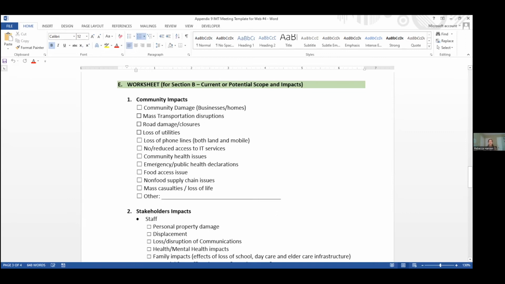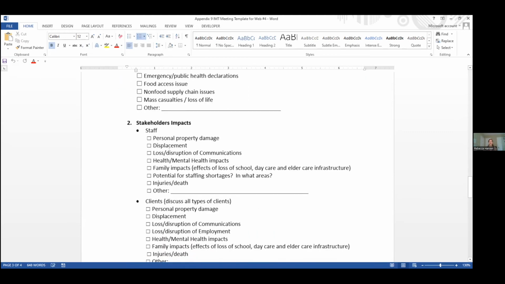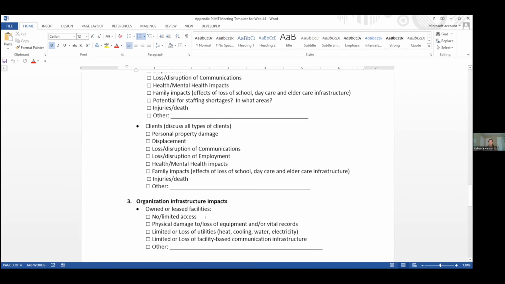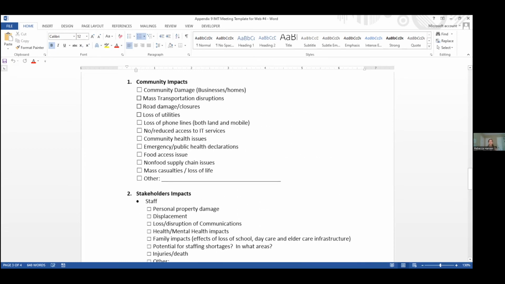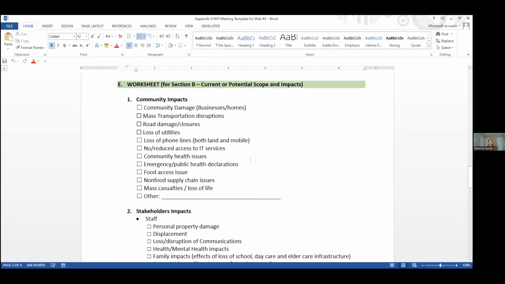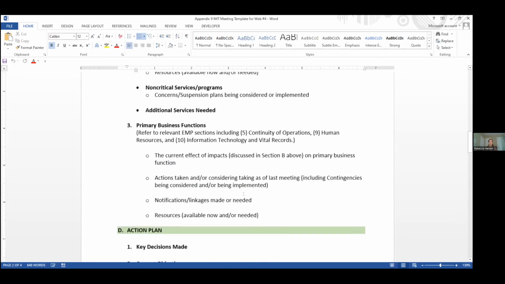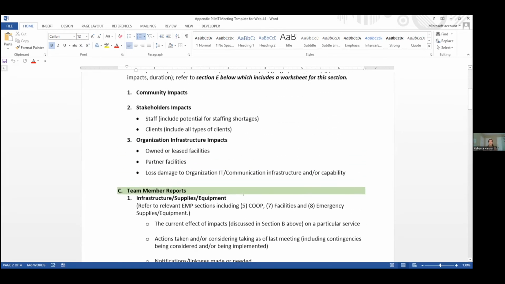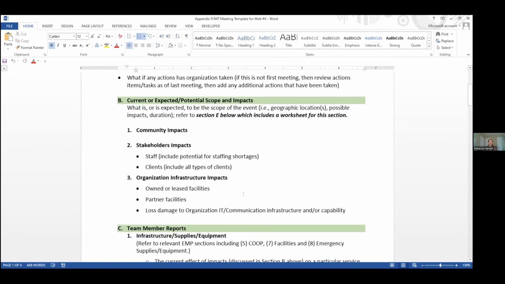So maybe you want to use this part of the worksheet to just check off the things that you're noticing are happening in the community, for stakeholders and for your organization. Or maybe you just want to use this as a guide and then you can put this information up in section B.